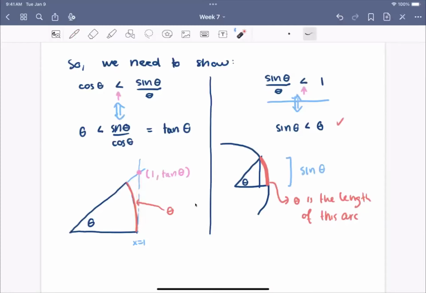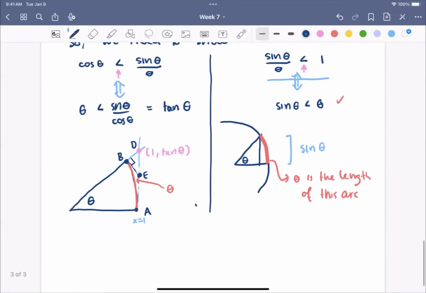Okay, so let me label a few things. So let's call this point B, this point A. The pink point is D. And then I'm also going to drop a perpendicular here and get E, that point there.